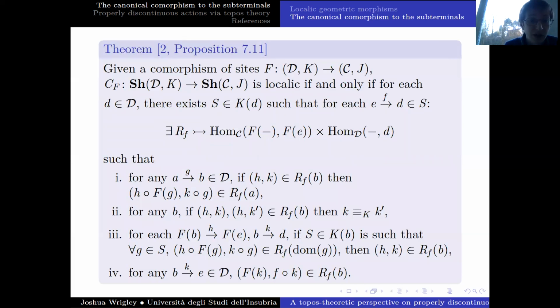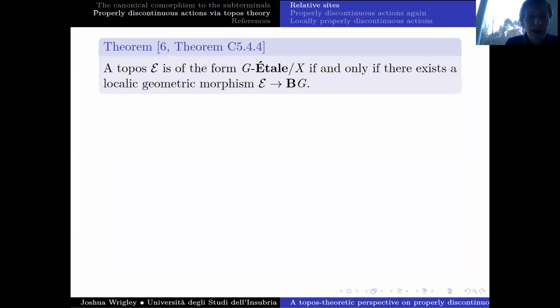It's given this characterization, which is scary, I admit, but it's not as scary as it first appears if a little bit of justification is given, but I don't have time, so apologies for that. So yes, going back to our original problem of when we were considering a group acting continuously on a space.